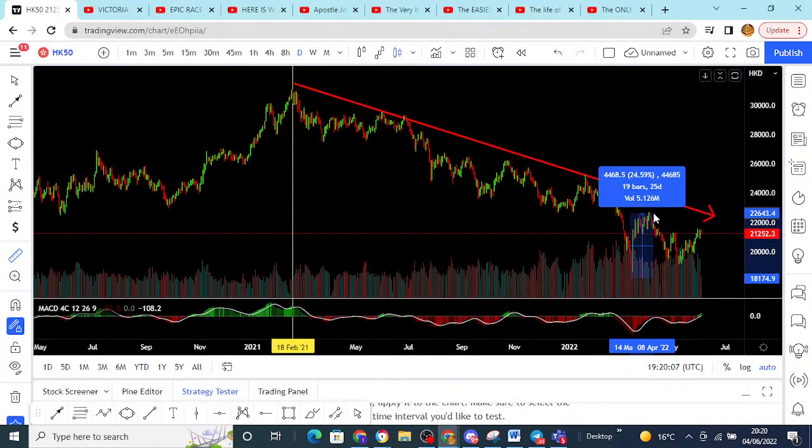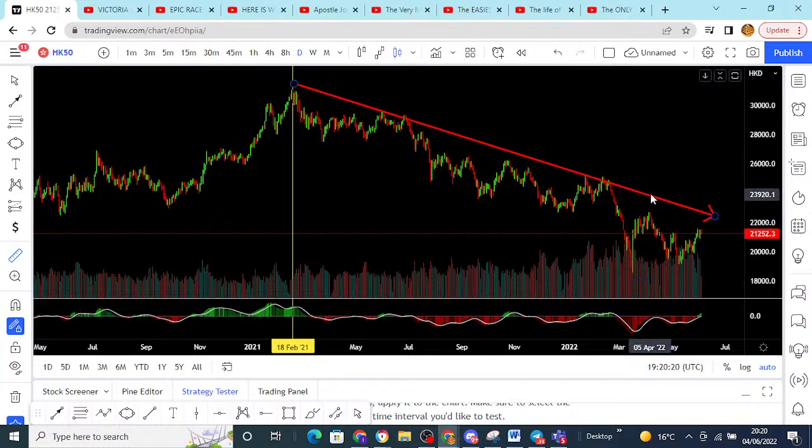So when it went down about 30%, it's gone up about 4,468 points, about 44,685 pips, which is about a 24% rise. But we're not quite where we were at February 2021 rates.